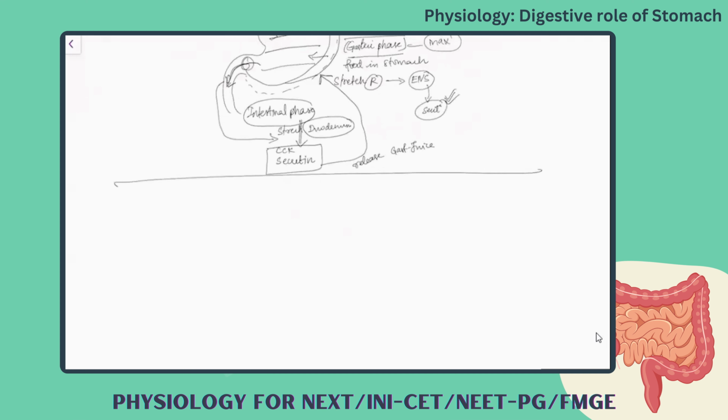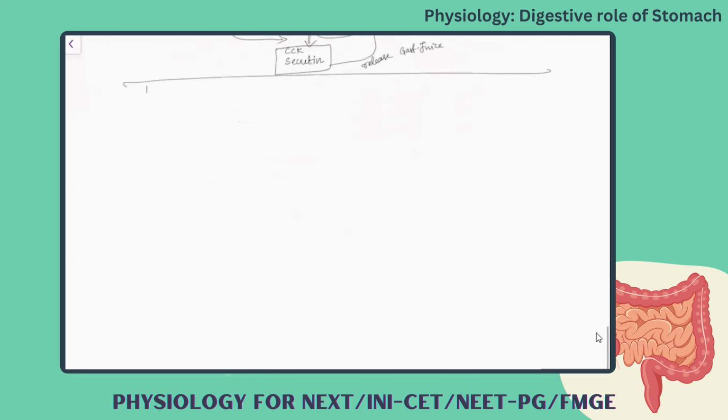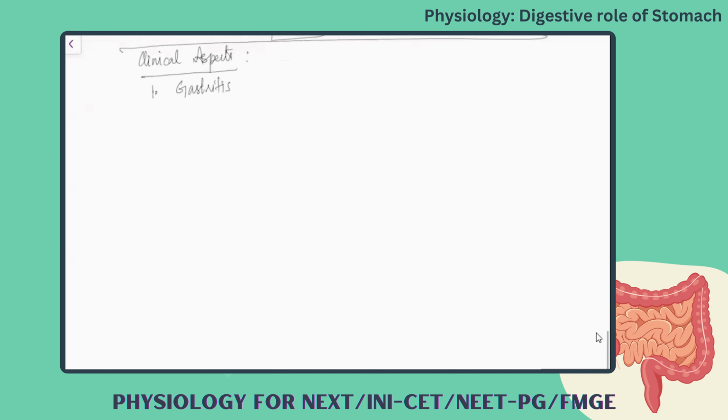Some clinical aspects with respect to abnormal secretions. We have the condition called gastritis. What is gastritis? Inflammation of the gastric mucosa and gastric atrophy.